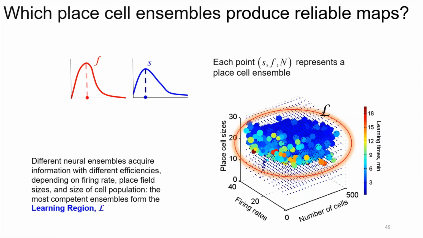And then we run this computation, and the domain we got in parameter space could have laid anywhere. For example, in order to produce a correct topological map, your place cells could be required to fire at 500 hertz. It could have happened that way, but it doesn't.